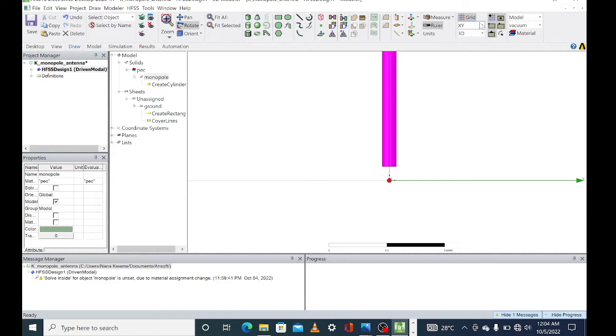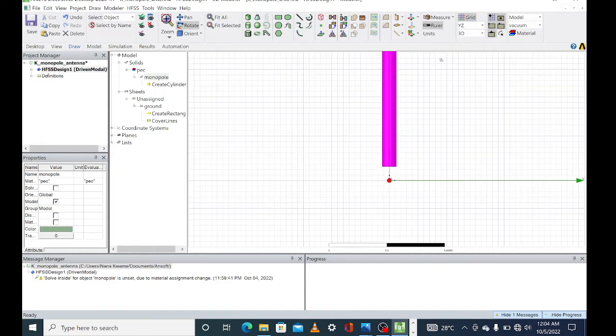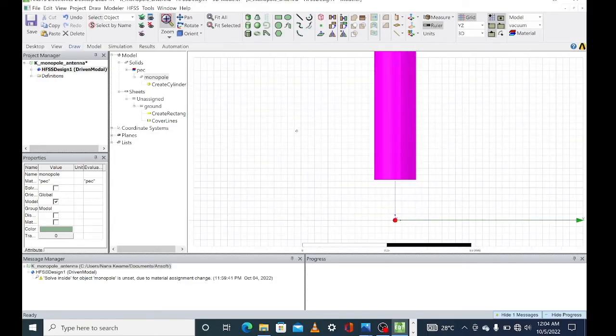I will change to YZ, zoom, and introduce my port.